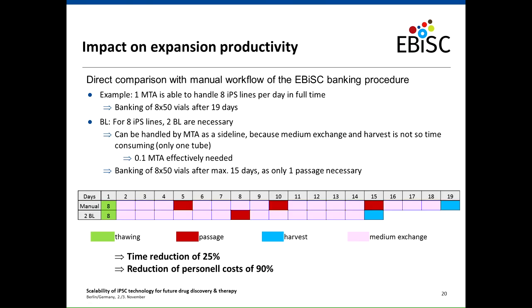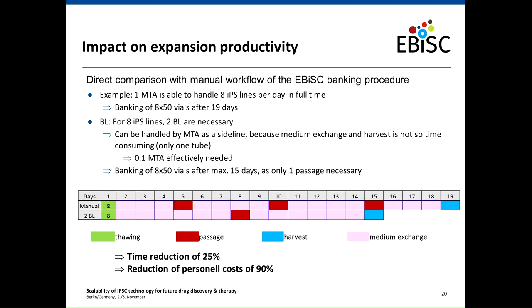Of course, the biological results are quite nice, but for EBiSC, it's also important to have a look at the productivity and the costs. With our system, if we are talking about passaging and expansion, for the complete banking workflow it was necessary to only make one passaging, and then we were able to receive the necessary cell lines at the latest after 15 days, so usually after 13 days, but at the latest after 15 days.